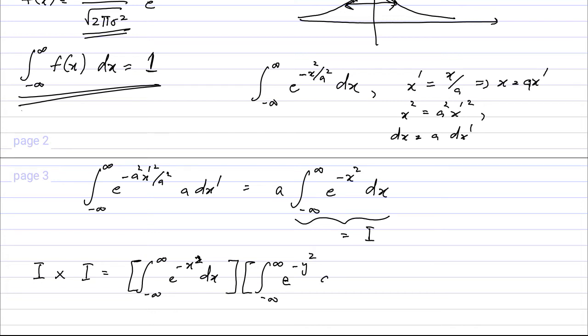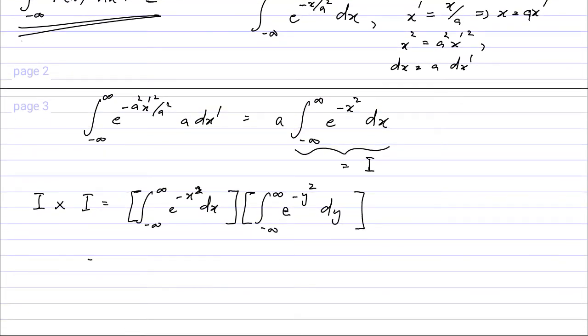Then I combine the two integrals as a single double integral, dx dy, with e raised to power minus x square plus y square, and that's what you have.